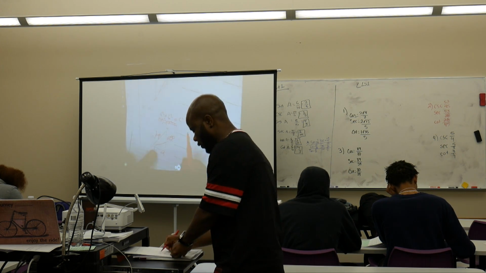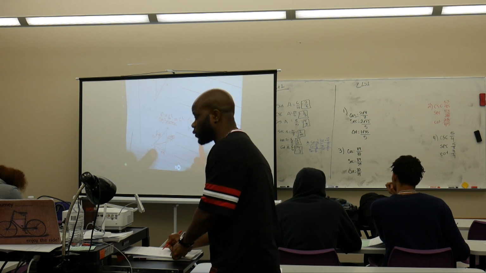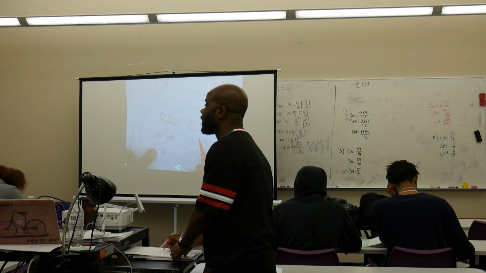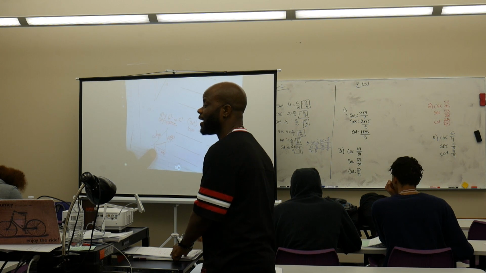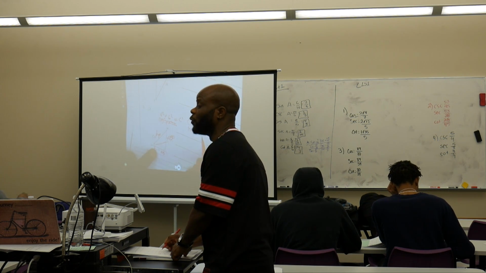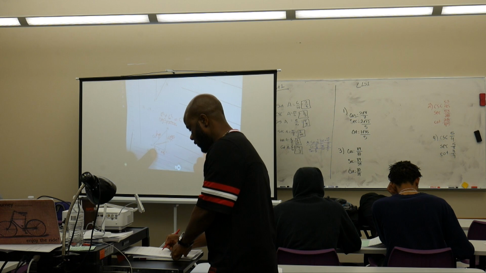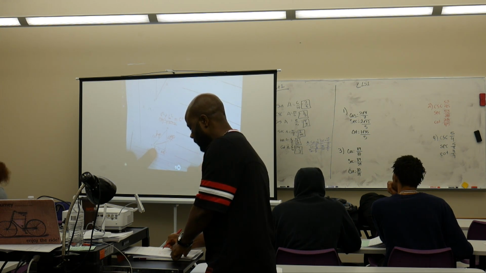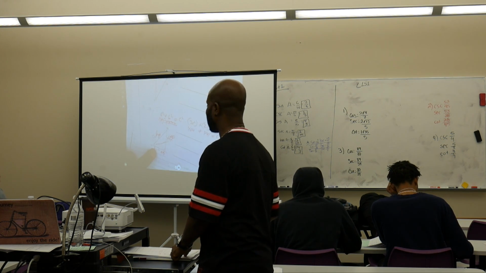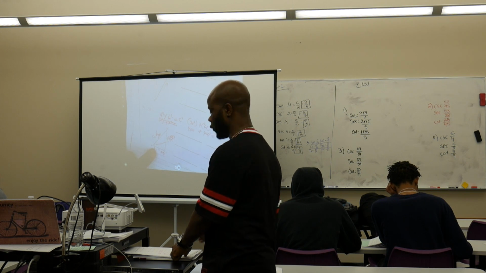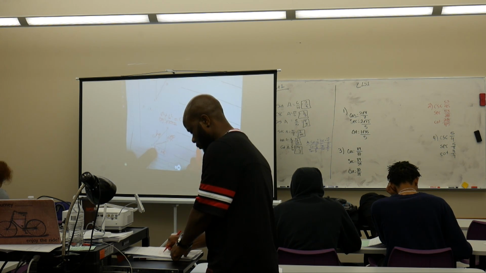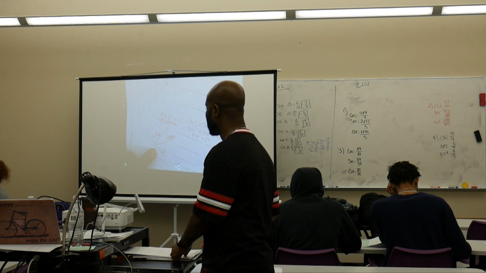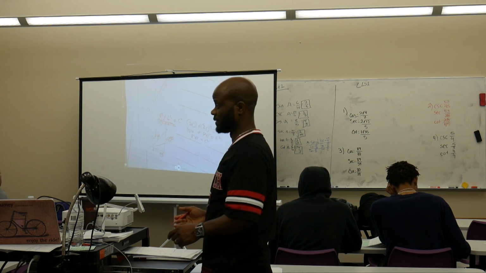What's 20 squared? 400. What's 21 squared? 441. What's 400 plus 441? That's C squared, but that's not C.